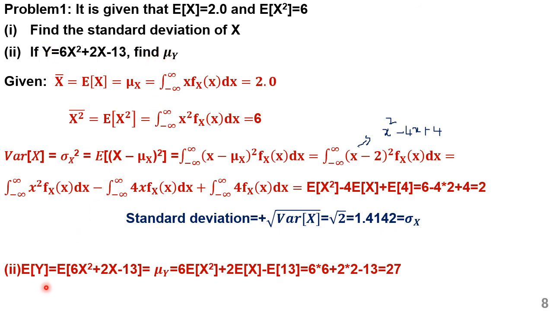E of y is equal to E of 6x square plus 2x minus 13, and that gives you mu y. That is 6 into E of x square plus 2 into E of x minus E of 13. So 6 into, here E of x square is 6, 6 into 6 plus 2 into 2 minus 13. Answer is 27.